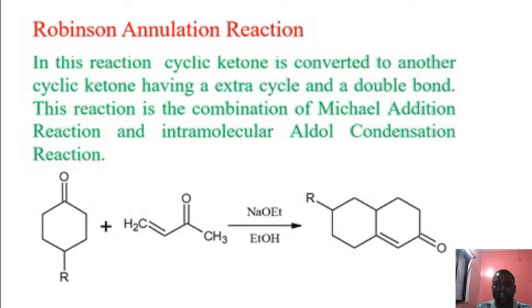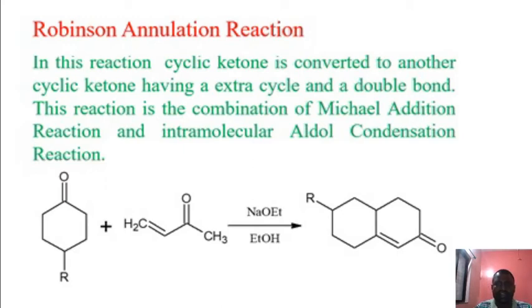One is carbon carbon double bond and another one is carbon oxygen double bond. Means reactant cyclic ketone is converted into the bicyclic ketone with addition of one cycle and one double bond.